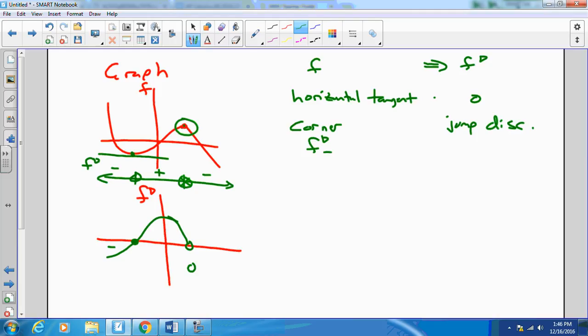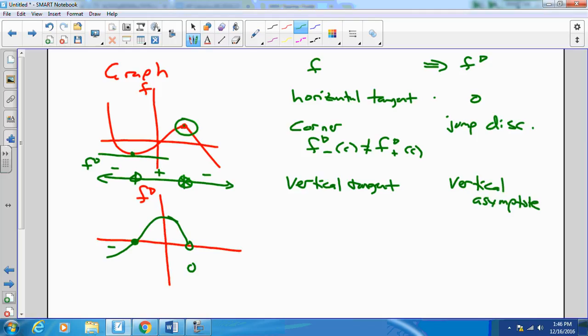And the reason for that is that a corner literally means that f prime from the left at c is different from f prime from the right at c. If my graph of f has a vertical tangent, then the graph of f prime will have a vertical asymptote. Why? Because f prime at c is infinite, either plus infinity or minus infinity.